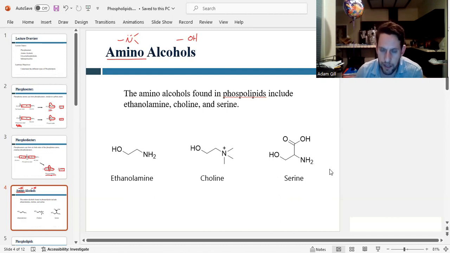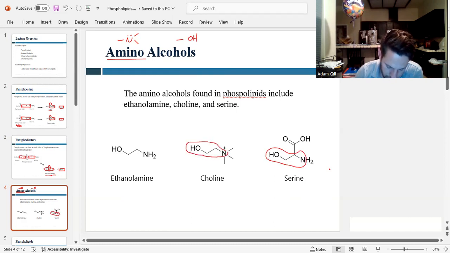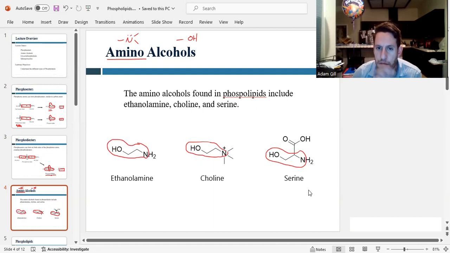They all have a similar core structure, where you've got two carbons, OH, and a nitrogen. The only difference is what else is attached.